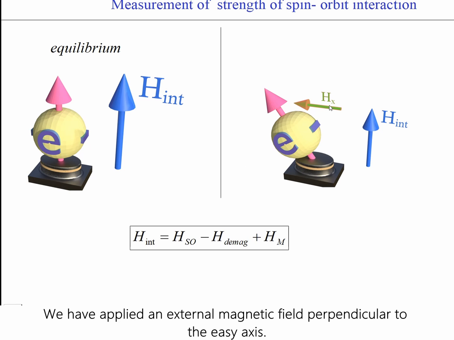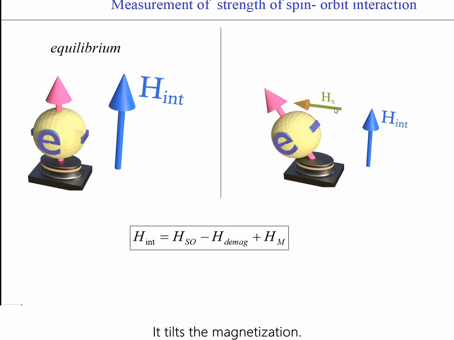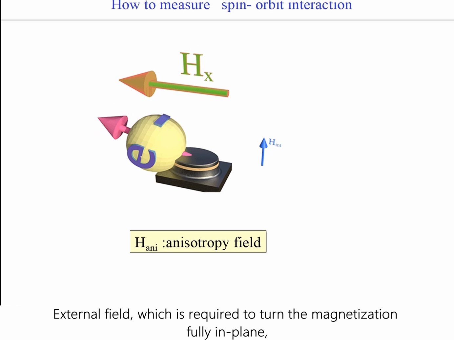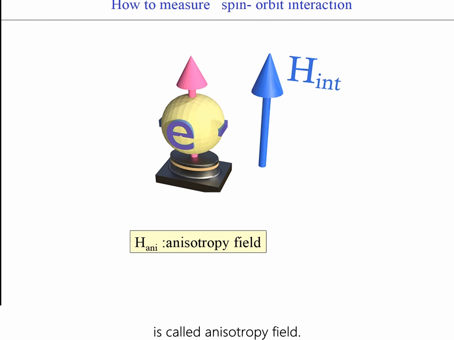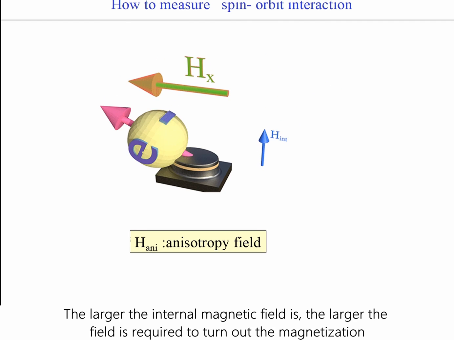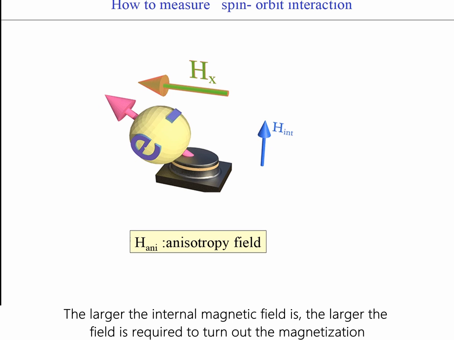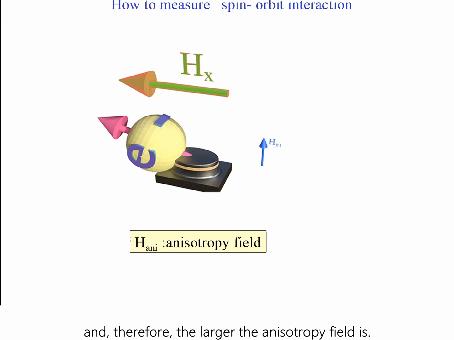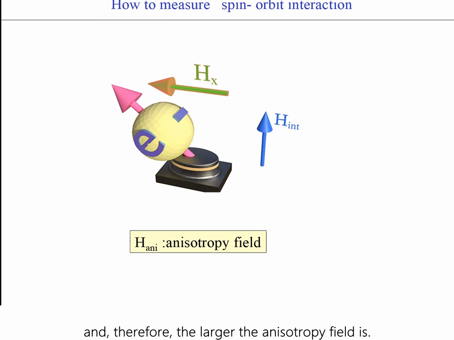We apply an external magnetic field perpendicular to the z-axis. It tilts the magnetization. The external field required to turn the magnetization fully in plane is called anisotropy field. The larger the internal magnetic field is, the larger the field required to turn the magnetization, and therefore the larger the anisotropy field is.